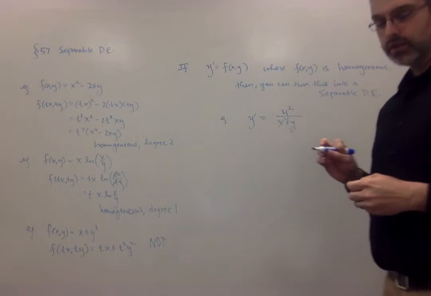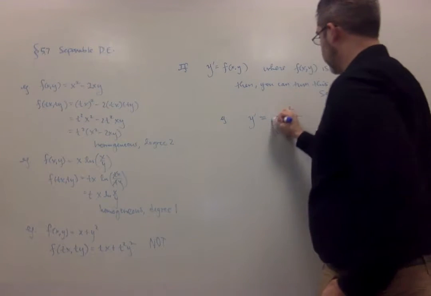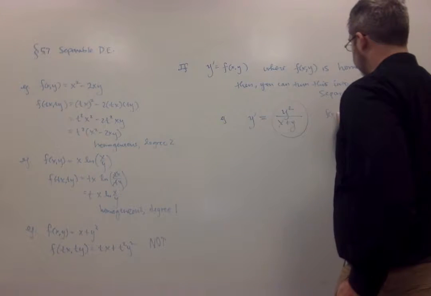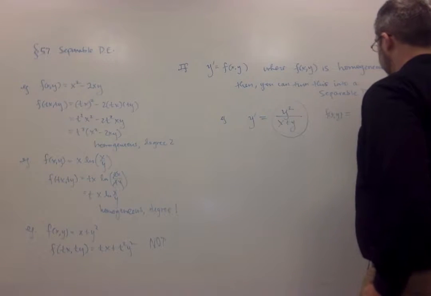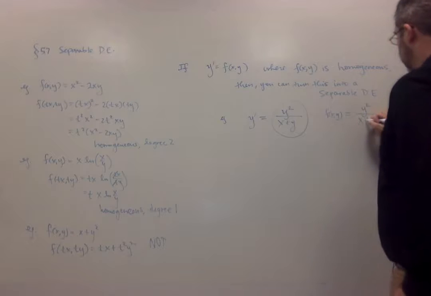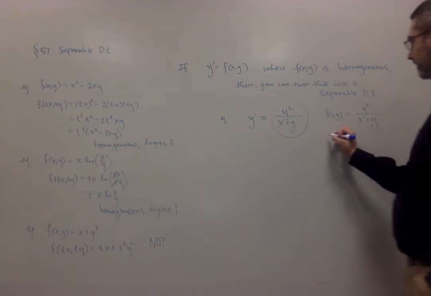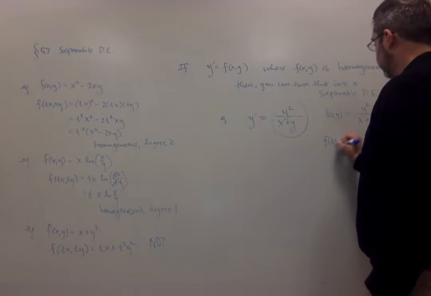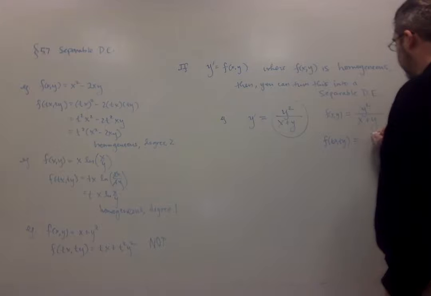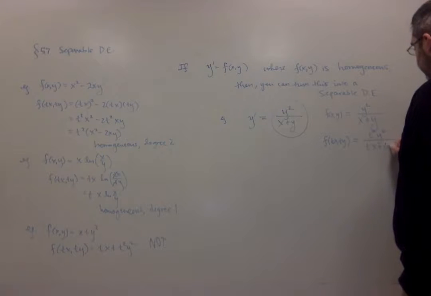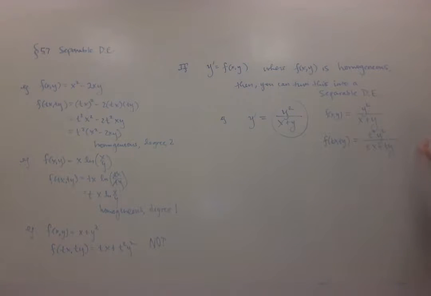However, you'll notice that this function right here, if I call that f of x y, so f of x y, if that's y squared over x plus y, then if I plug in tx and ty, I'm going to get a t squared on the top, and on the bottom, they're each going to have a factor of t.